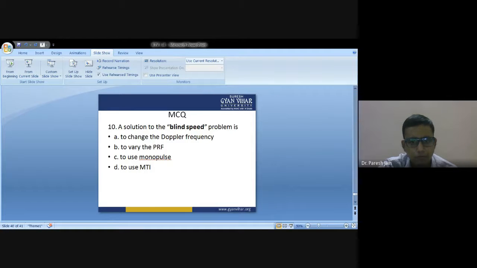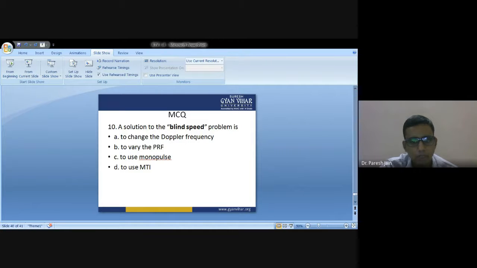In this, we discussed the pulse type of radar, the type of antenna used in pulse type radar, and which type of oscillator is generally used. A magnetron oscillator is generally used.